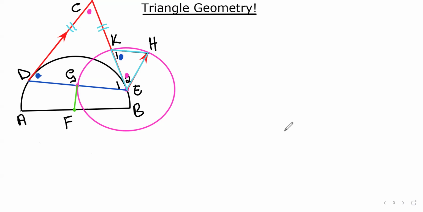So what does the next question say? It's a really short question if you ask me, but it says, please prove to us that DG is equal to GE. How many marks is it? 3 marks. In other words, we need to prove that DG is equal to GE. Well, that's fine.